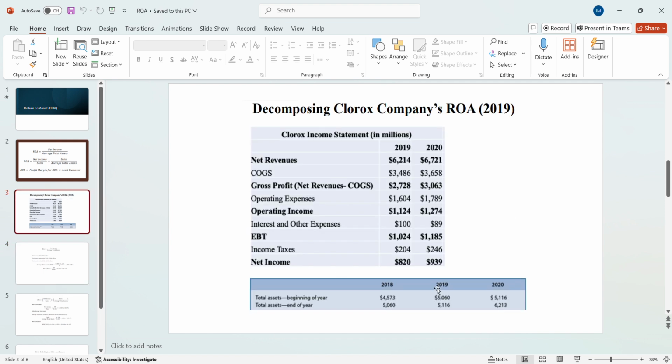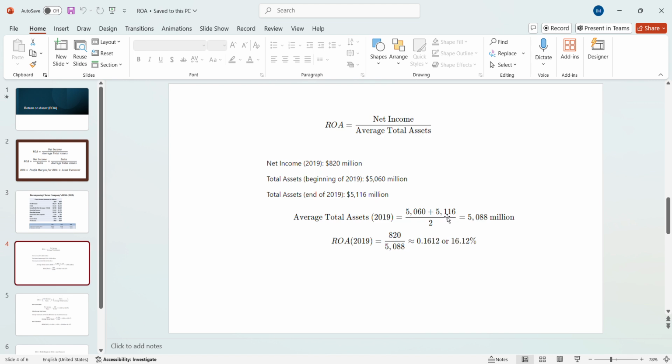In our example in 2019 there is the value for beginning asset and also for ending asset. By summing up these two and dividing the value by 2, we get our average total asset. Based on this average total asset, we get return on asset by dividing net income by average total assets, and we have 16.12%.